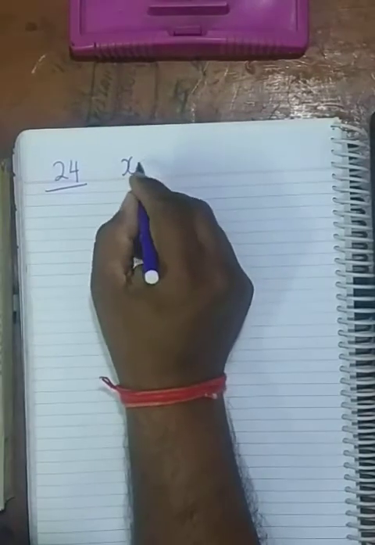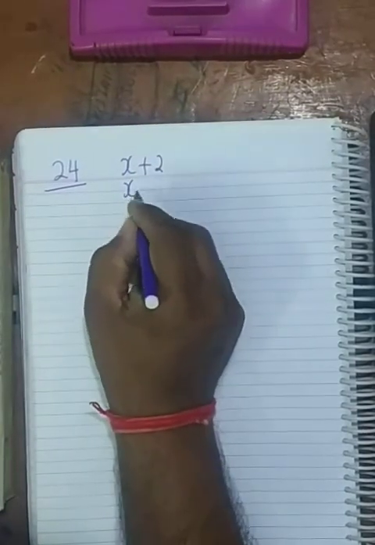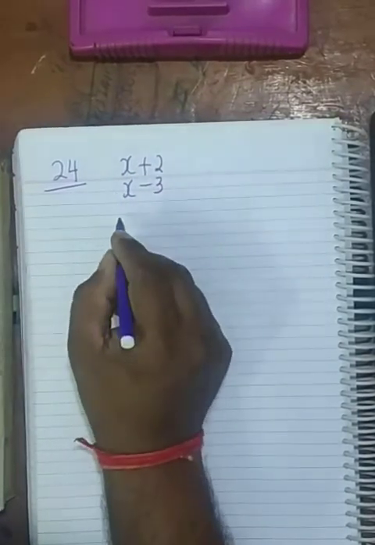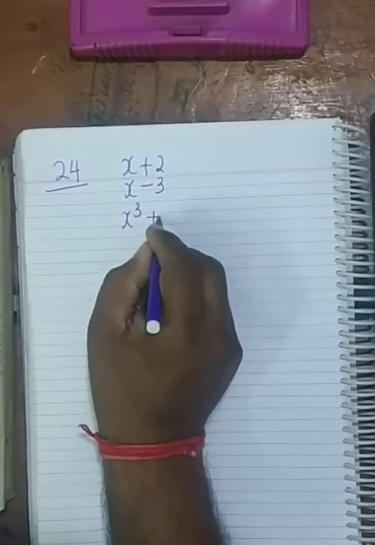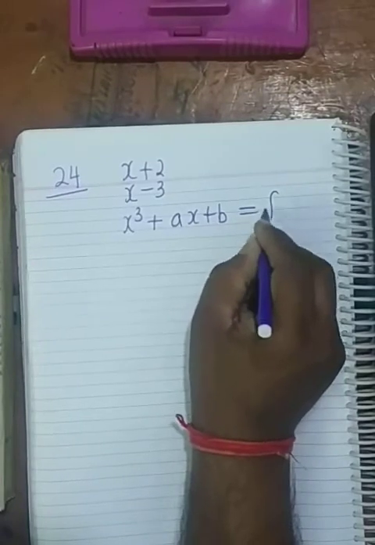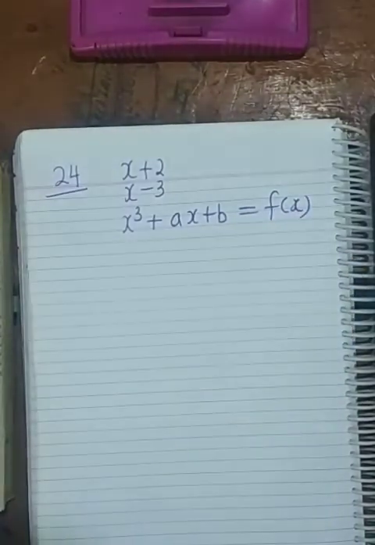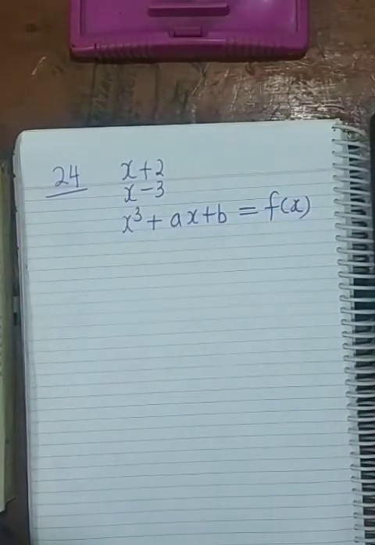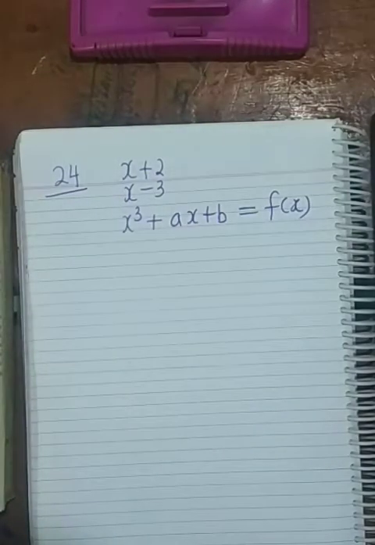It is given in the question that x plus 2 and x minus 3 are the factors of x cube plus ax plus b. This you can take equal to f(x). With these values of a and b, you have to factorize this expression after determining the values of a and b.